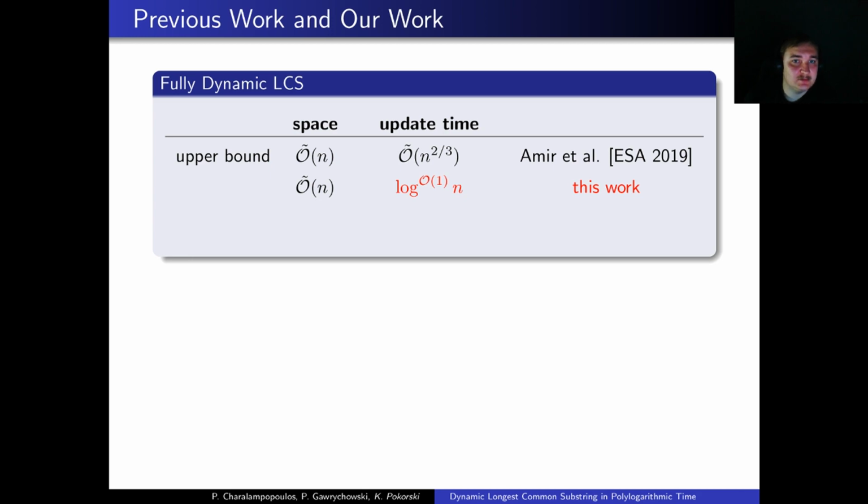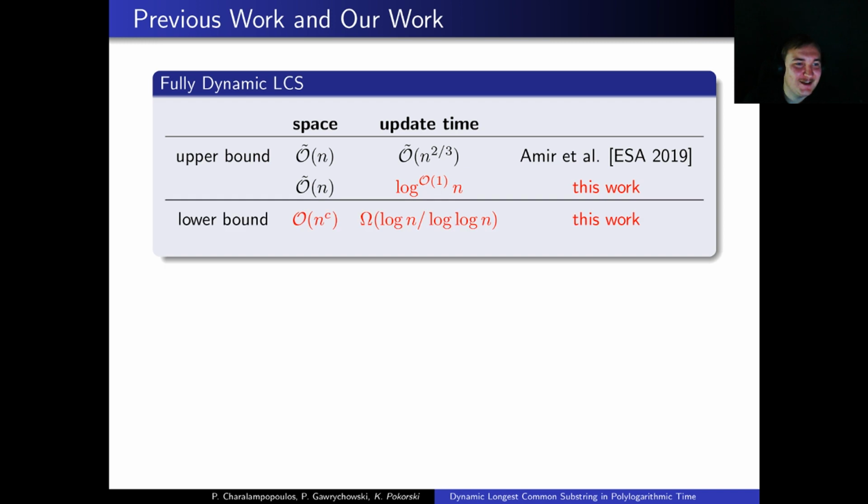We don't count this, hopefully you don't count this too. There is also a lower bound, and actually an even slightly stronger one. Even for space polynomial in n, any constant power of n, the update time lower bound of log n over log log n still holds.